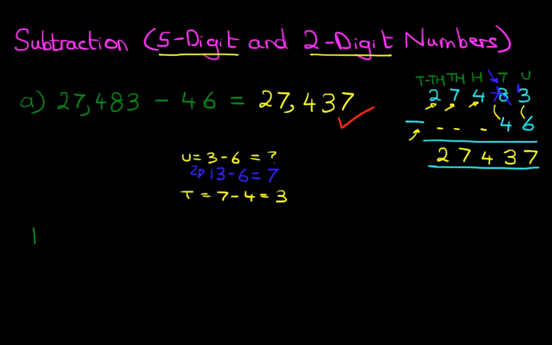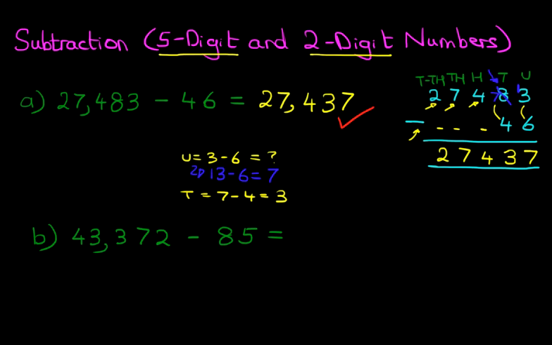Okay, we're now doing the second example. This time we have 43,372 minus 85. Now the first step is to rewrite this into the vertical format.